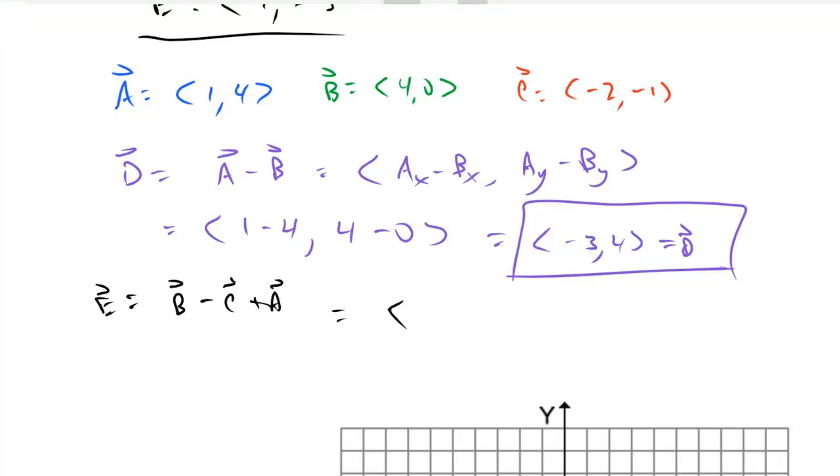So Bx was 4 minus Cx, which is -2, so minus -2, plus Ax, which was 1.